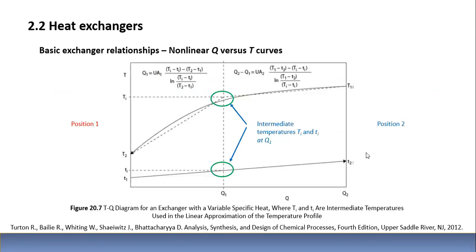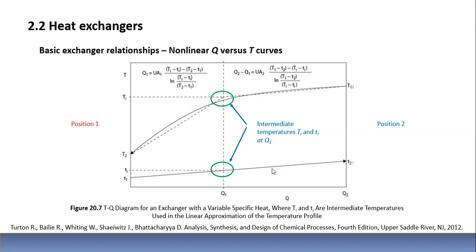In here, we see this zone analysis. So instead of having 5 zones, we only have 2 zones, where we could see that T1 came in at this high temperature. And we see the solid curve is the real behavior of the hot stream.